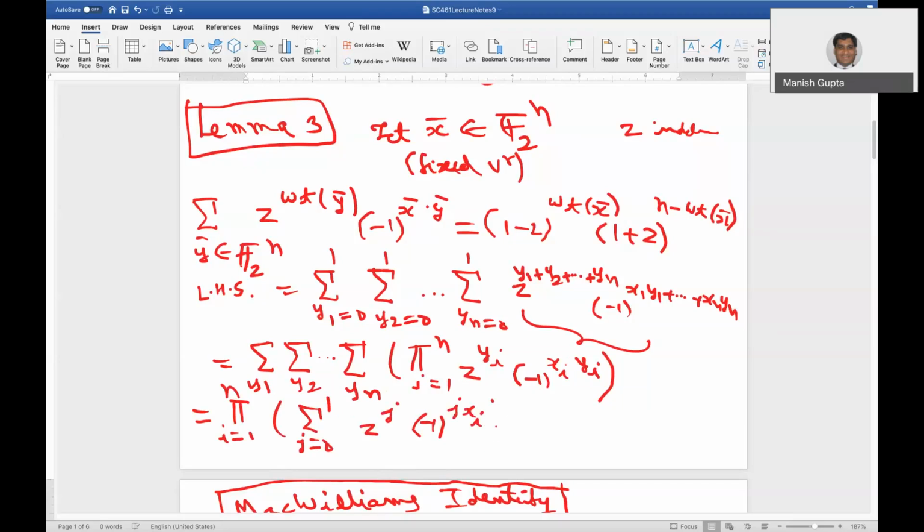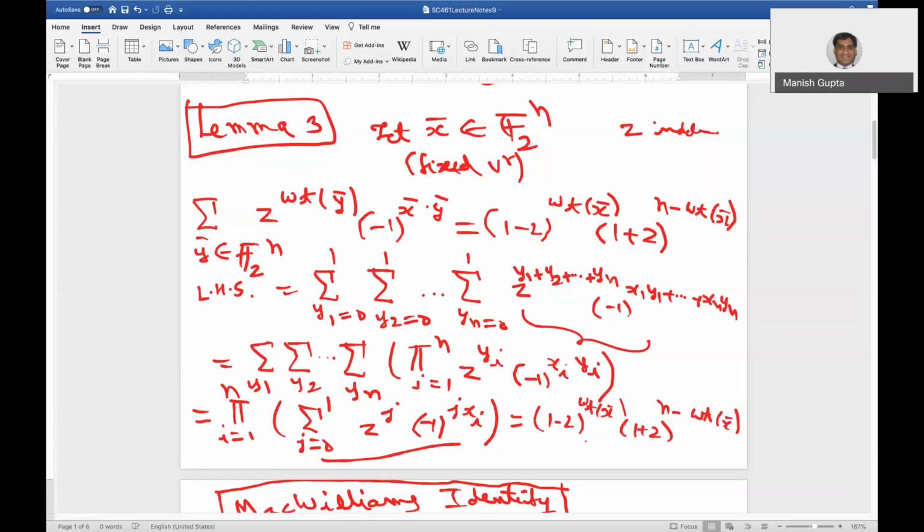Okay. Now this internal summation has the value 1 plus z if xi is equal to 0. Remember, if xi is equal to 1, this will be 1 minus z. So overall the thing will be 1 minus z raised to power weight of x times 1 plus z raised to power n minus weight of x.